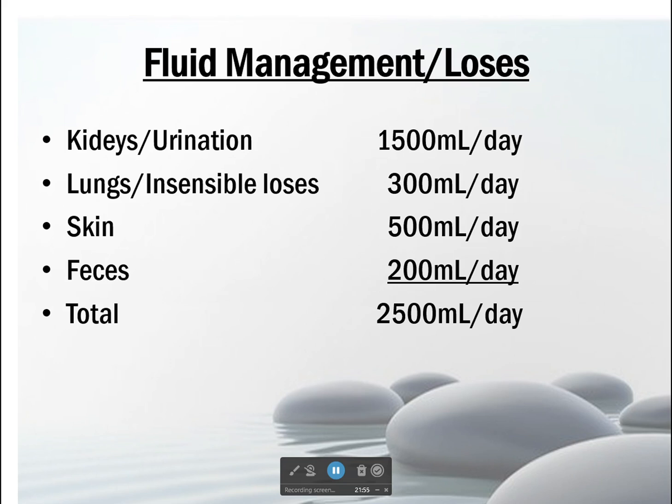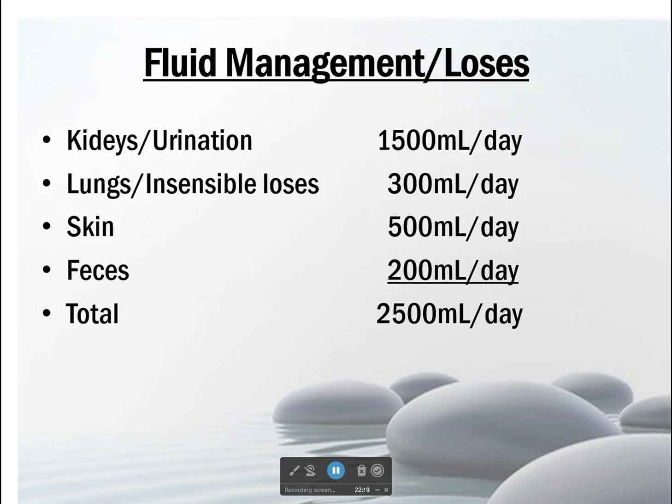The lungs is definitely an insensible loss because we just aren't aware that we evaporate 300 milliliters of fluid through the lungs just in the process of breathing. Feces have approximately 200 mils of fluid a day in its makeup composition.